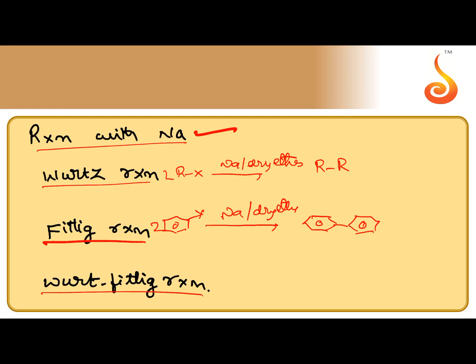That is called the Fittig reaction. For the Wurtz-Fittig reaction, we have to take a mixture. One is an aryl halide, the other one is an alkyl halide. When these two are reacted with sodium in the presence of ether, an alkyl arene is the product. This is called the Wurtz-Fittig reaction.